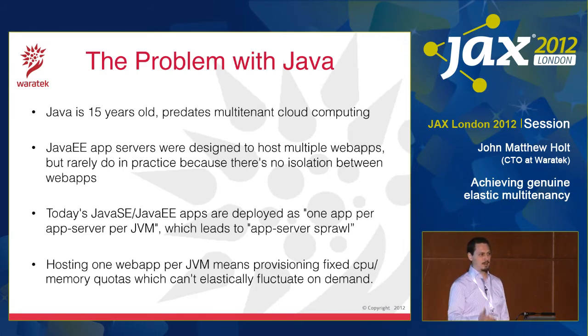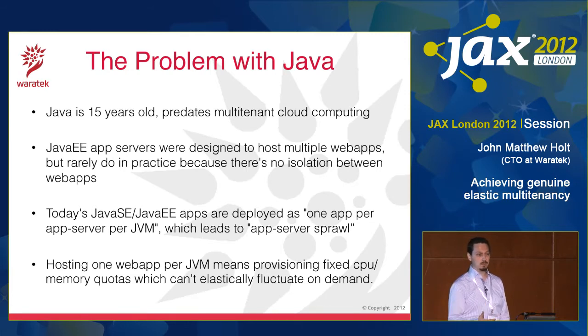How many people here would be comfortable deploying 10 WAR files from 10 individual programmers you don't know or trust onto a single instance of Tomcat, and be confident that one WAR file won't chew up all the memory and use up all the CPU? The answer is that systems administrators and operators today aren't. They're not confident doing that.